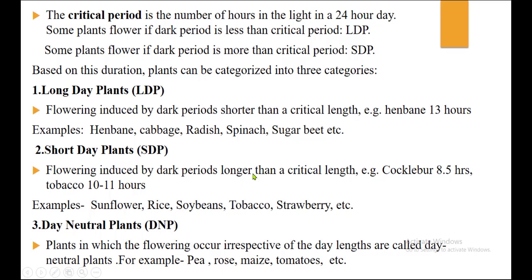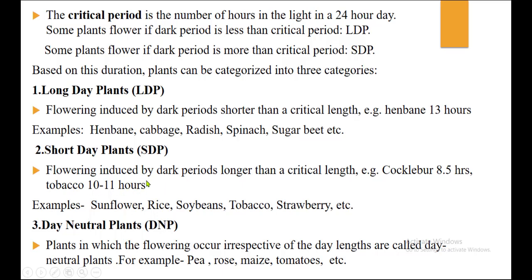And short day plants, what was the definition? Flowering induced by a dark period longer than a critical length. For example, cocklebur has a critical length of 8.5 hours, and tobacco 10 to 11 hours. To induce flowering in these plants, the dark period should be greater than this critical length.